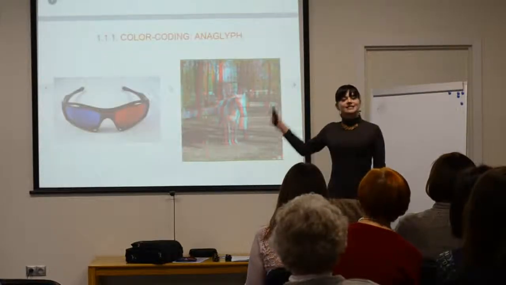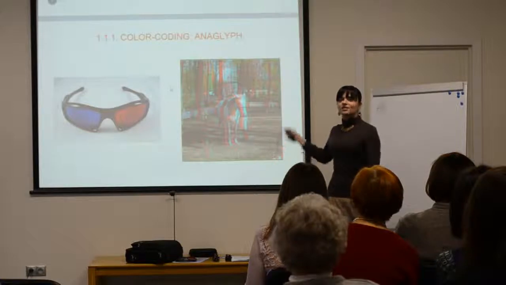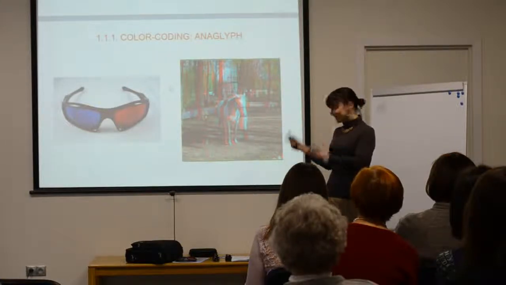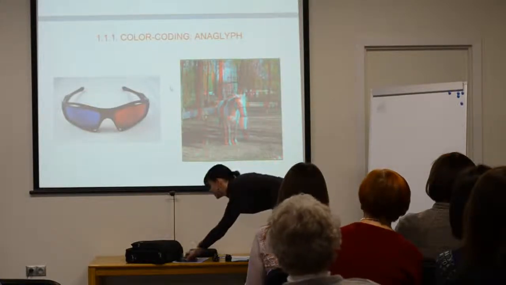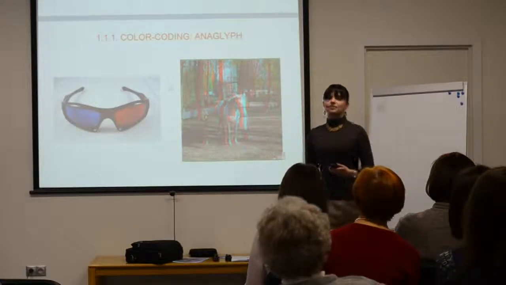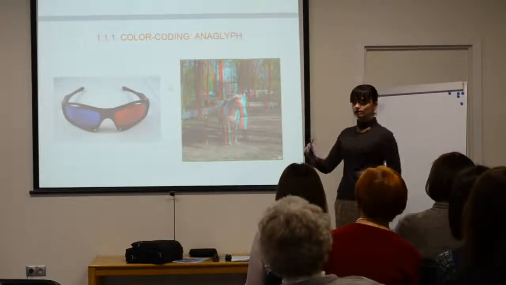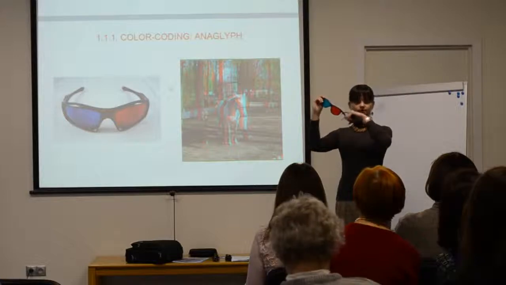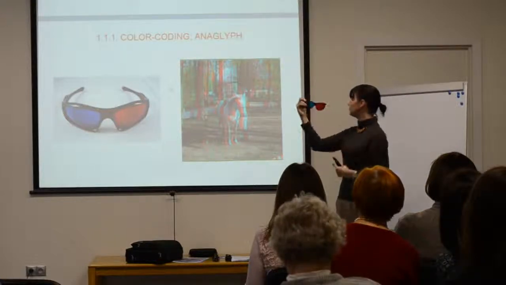Color coding, something that most of you have probably seen and tried and tested, and that I brought with me today. Basically, that's splitting the image into two colors, one for the red eye filter, the other for the blue filter.